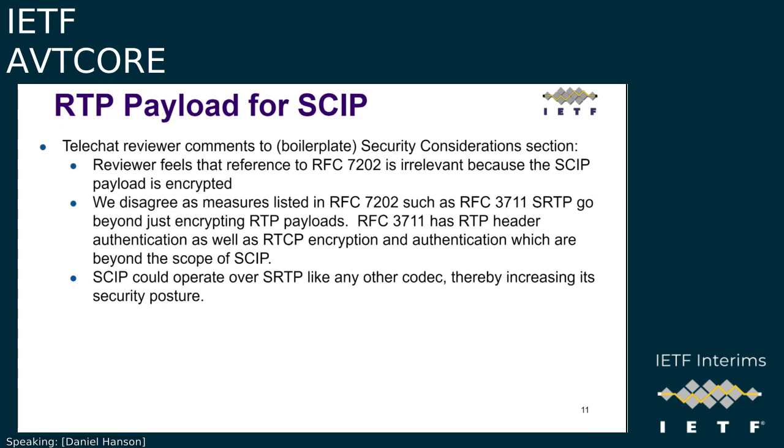We disagree, because part of what 7202 talks about is secure RTP, which goes beyond just encrypting payloads. As you all know, it has payload encryption plus authentication mechanisms, as well as secure RTCP.